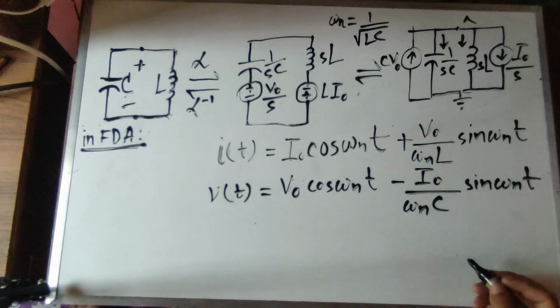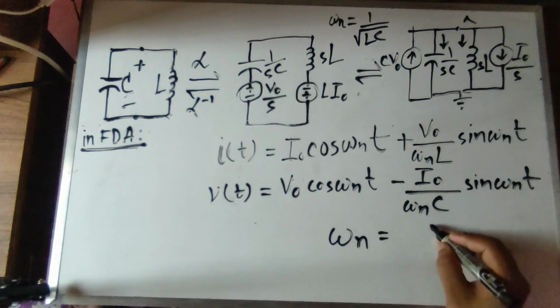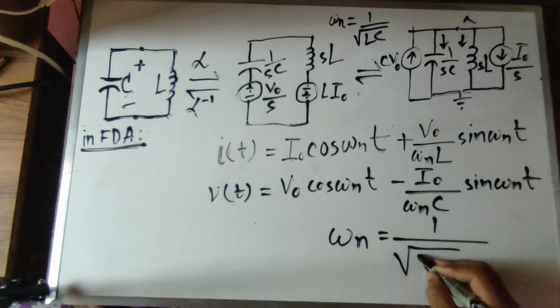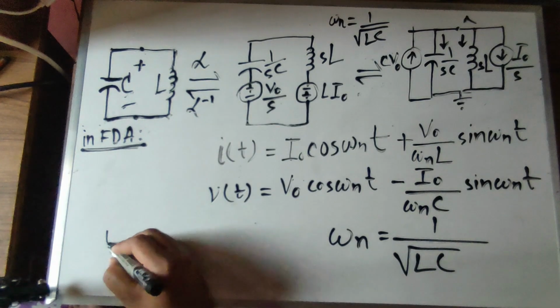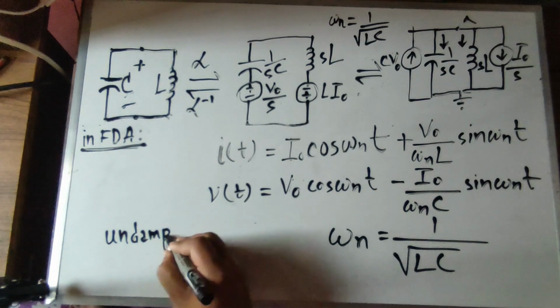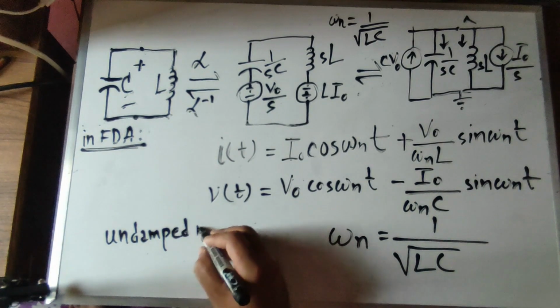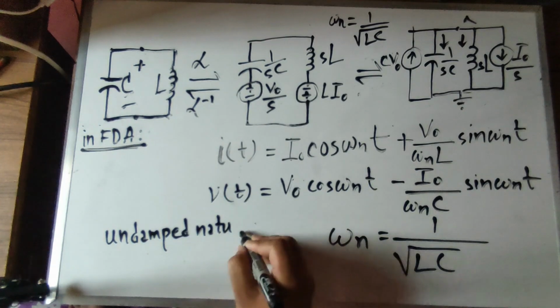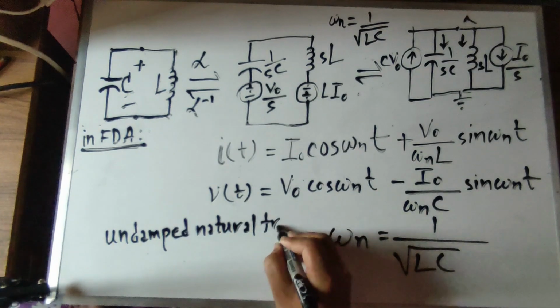Thus, this is the answer where omega n is 1 by root over LC, and omega n is the undamped natural frequency.